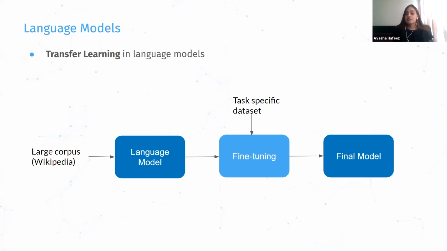Then you can train it on a smaller subset of task-specific data sets, be it a question and answer data set or a text summarization data set, to fine-tune it for that downstream NLP task, which then produces a final model that you could use.